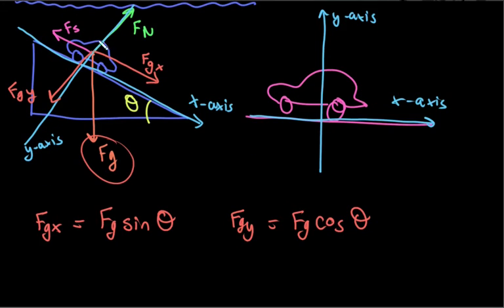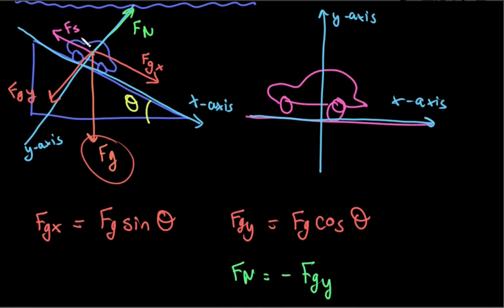Now, I had said that this car is parked, meaning that it's not moving. That means that this is actually in equilibrium. So if I wanted to find the equilibrium forces, then I would know that my normal force is equal and opposite to my FGY. So Fn is equal to the negative of FGY.